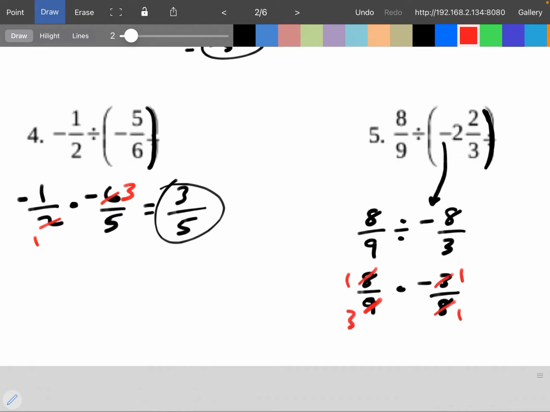And then 3 divided by 3 is a 1. And then we're just going to multiply straight across the top and straight across the bottom. We have a positive times a negative, so our answer should be negative. On top, we've just got a 1 times 1, so that's 1. And in the denominators, we've got 3 times 1 is a 3. So that one ends up being negative 1/3.